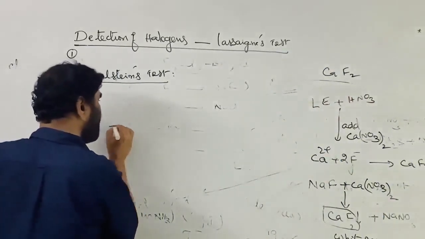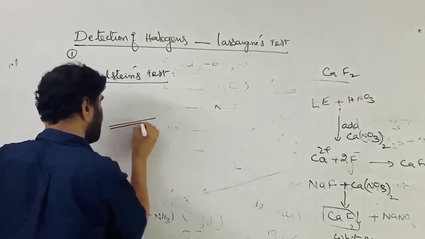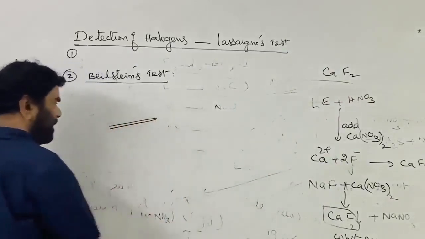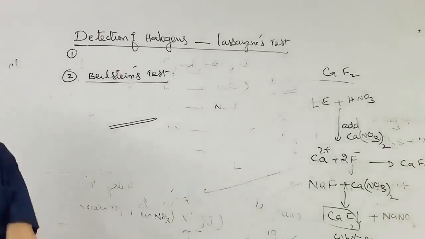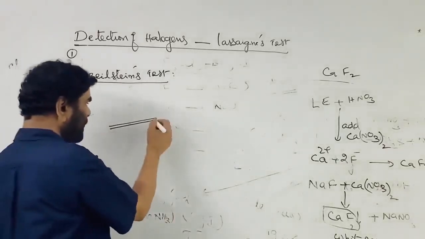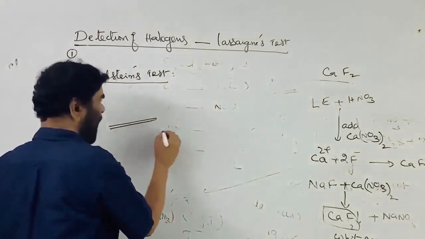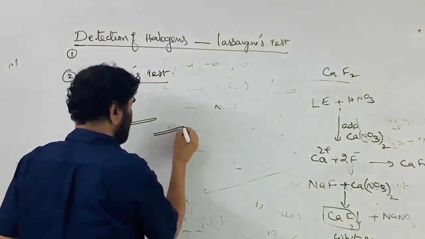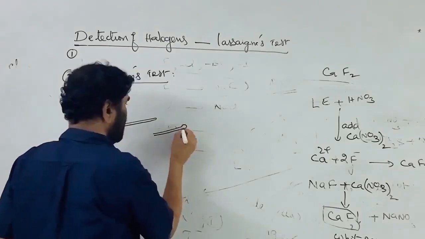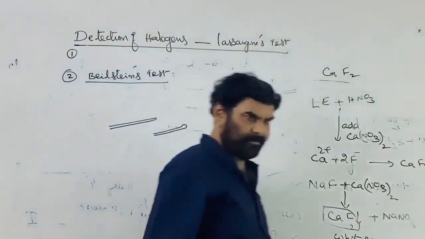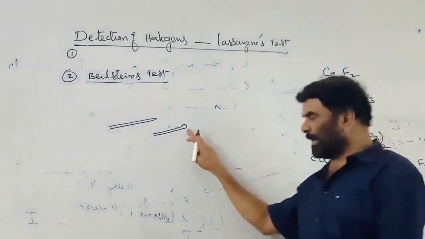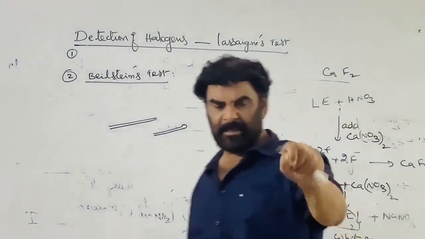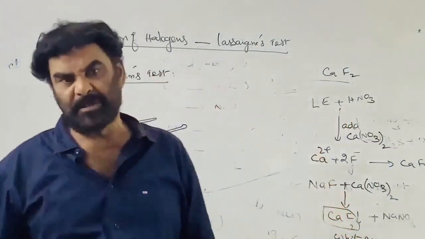take a small copper wire. On hammering, this end becomes flat. It is cleaned and heated on the Bunsen flame.